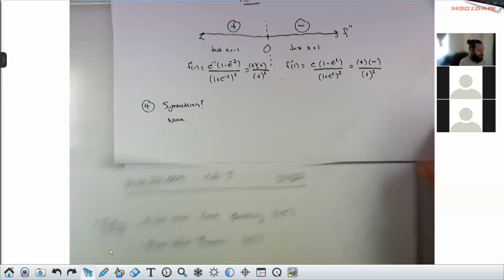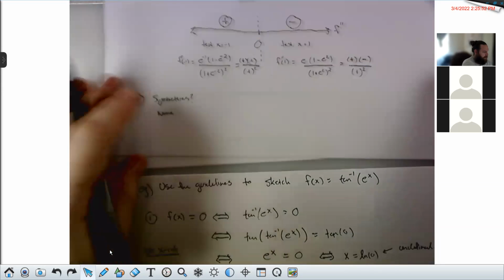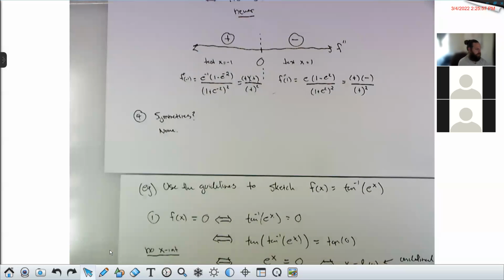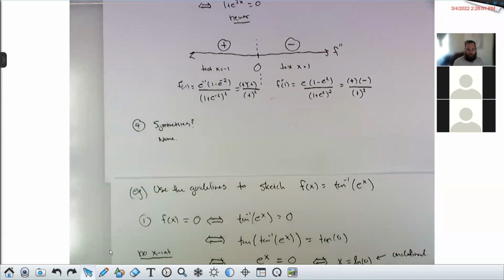In order for this to have any symmetries, the inner function would have to have some sort of symmetry, and e to the x we know is neither even nor odd. So even though the inverse tangent is an odd function, because the inner function here is neither even nor odd, the whole thing is neither even nor odd.